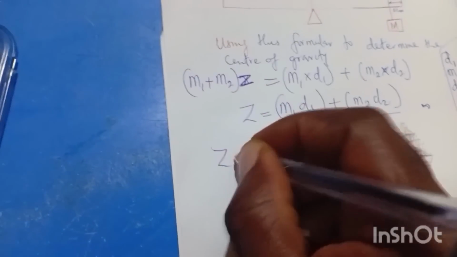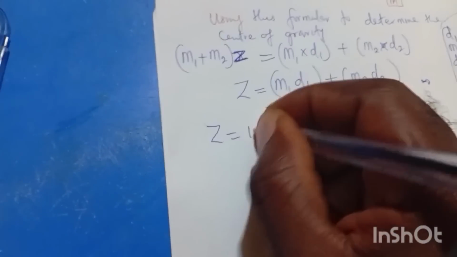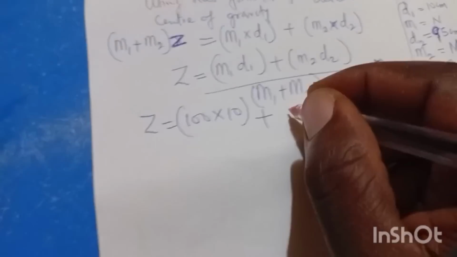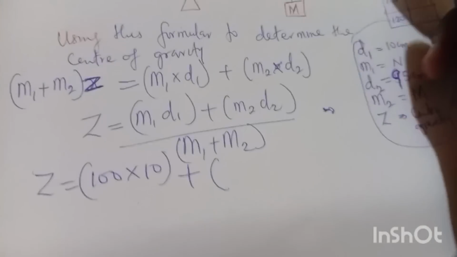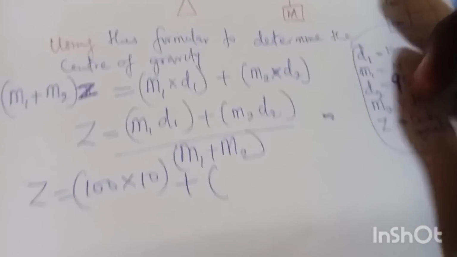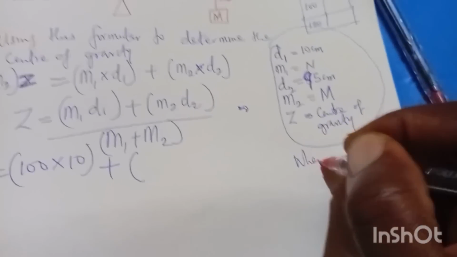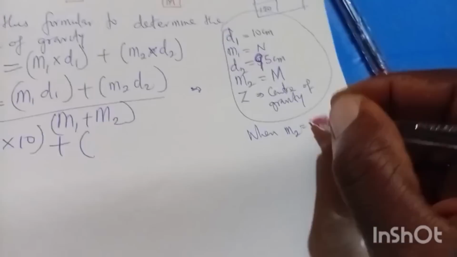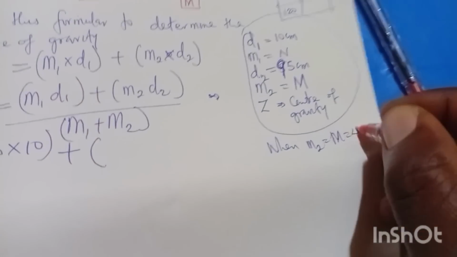So I will say z equals 100 times 10 plus, what's my m2? Let's say I'm picking 40 now. Let me say when m2 or m is 40.